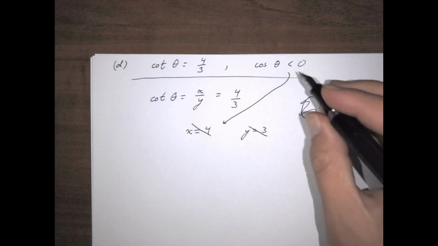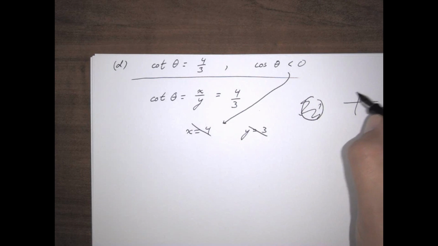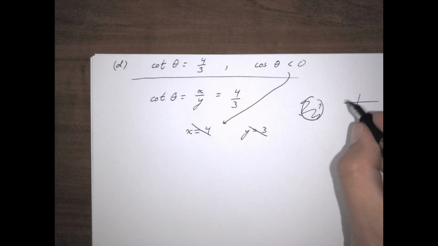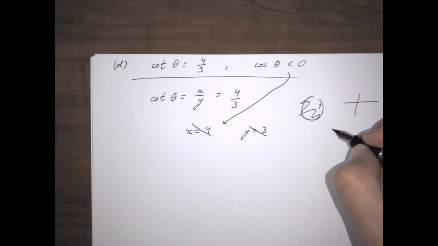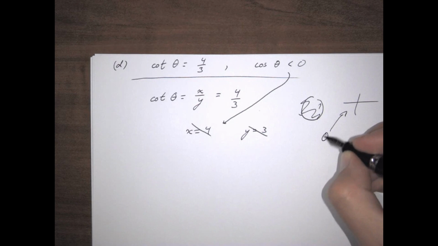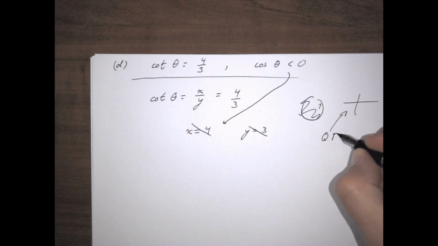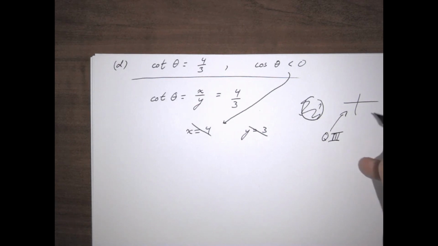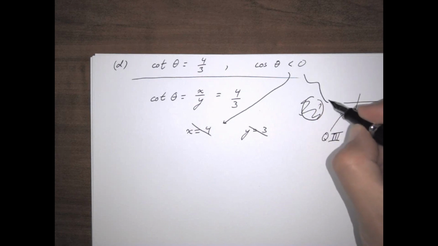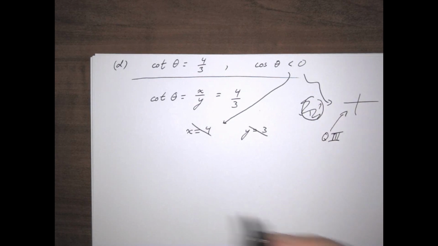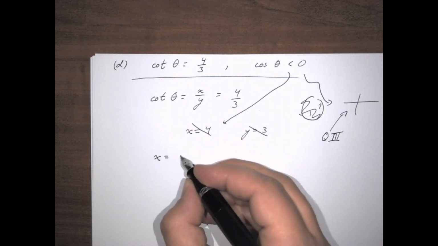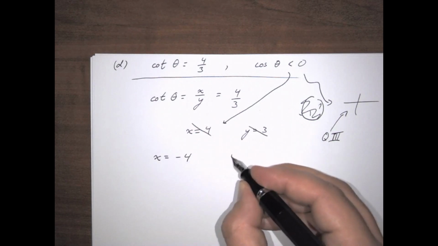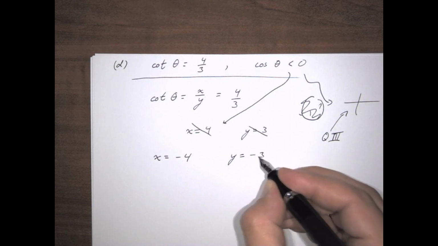X is negative, so that means we are on the west side of the meridian, and the cotangent is positive, which means we can only be down here. So we're in quadrant 3. Now, if we're in quadrant 3, that means that x and y are both negative. So the only way to make this work is x equals negative 4, y equals negative 3.